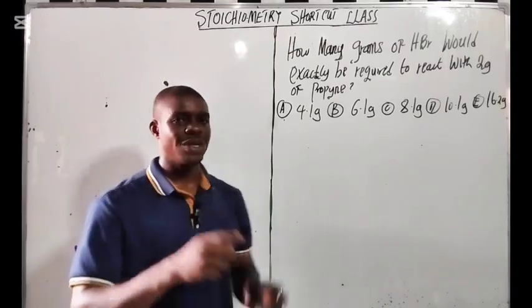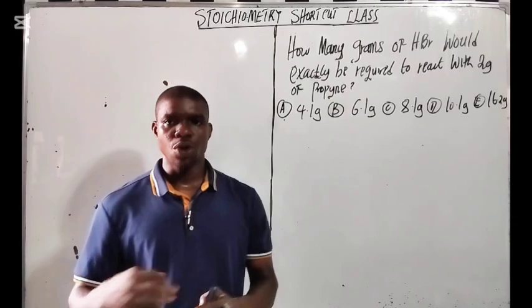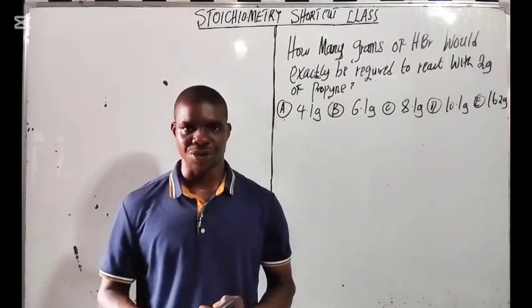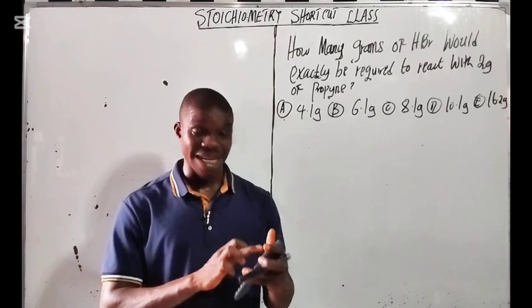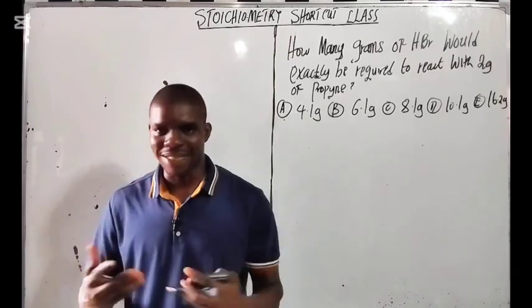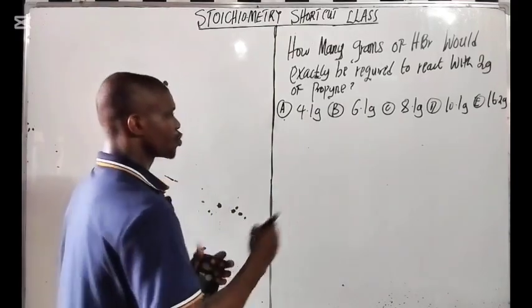Like in this question here, you are not given the balanced chemical equation. What it simply means is that you need to write a well-balanced chemical equation. And as a science student or chemistry student, you must know how to write and balance chemical equations. Do you understand? That is one of your duties. So, solution.